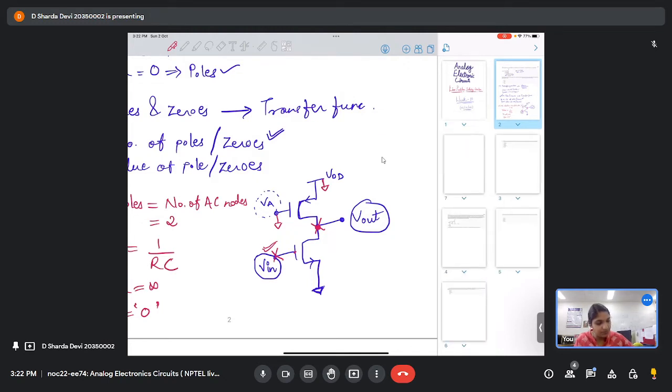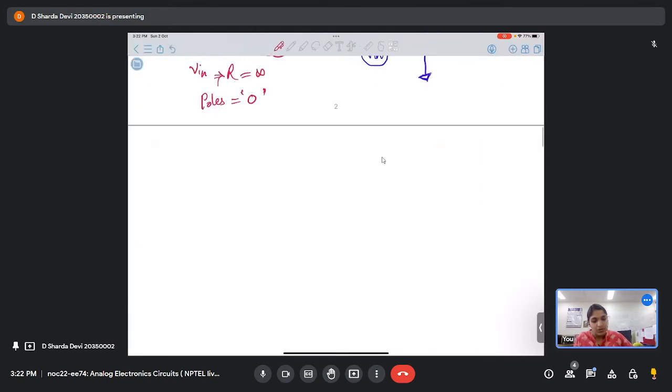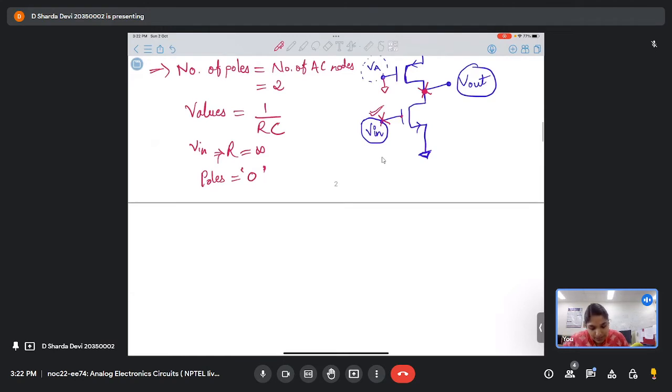See, when we talk about a dominant pole, what is the sense of a dominant pole? Do you understand when I say a dominant pole?